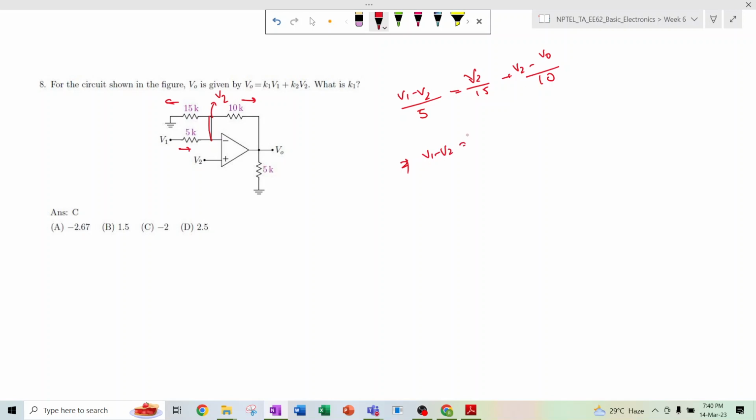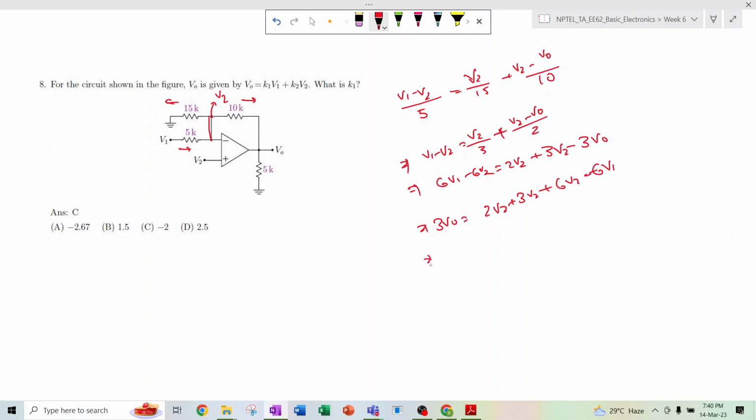V1 minus V2 equal to V2 divided by 3 plus V2 minus V0 divided by 2. If you multiply 6 on both sides, 6V1 minus 6V2 is equal to 2V2 plus 3V2 minus 3VO. So now 3VO is equal to 2V2 plus 3V2 plus 6V2 minus 6V1.